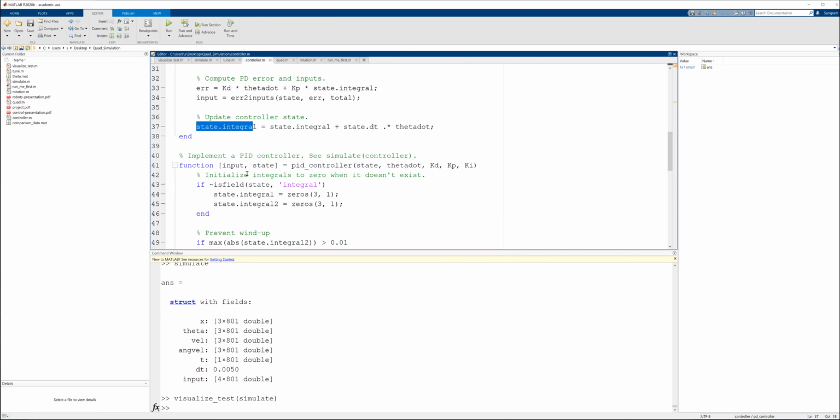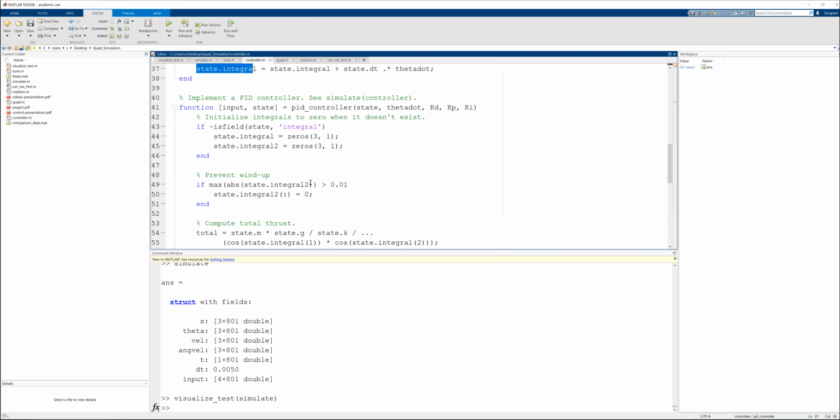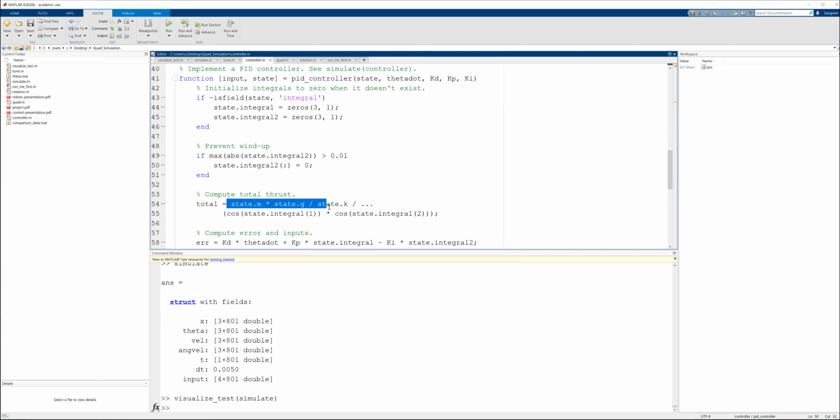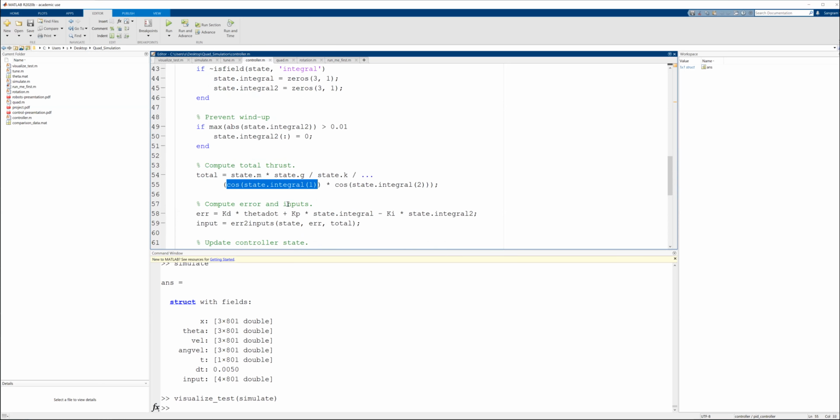Next thing, you do the same thing for PID, but in PID, you just want to make sure to prevent windup. You want to make sure that we are not too far from the set point. That is where we are actually implementing this. Total thrust is again state M, state dot G, which is the gravity value, the mass, then the K divided by the cosine of the pitch and cosine of the roll.